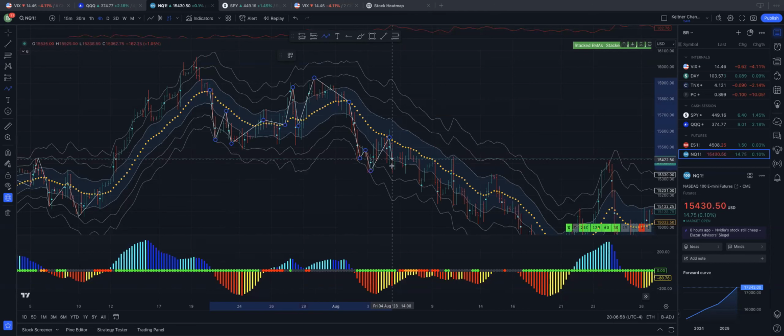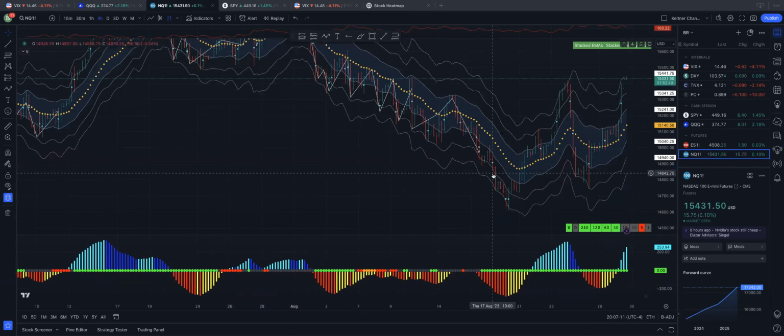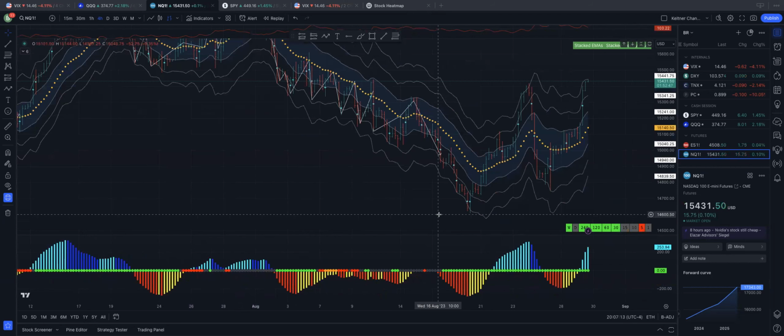Back to the mean, 2 ATR, back to the mean, 2 ATR, went a little above, and then what do you know? We're back to 2 ATR. And this pattern continues over and over again.